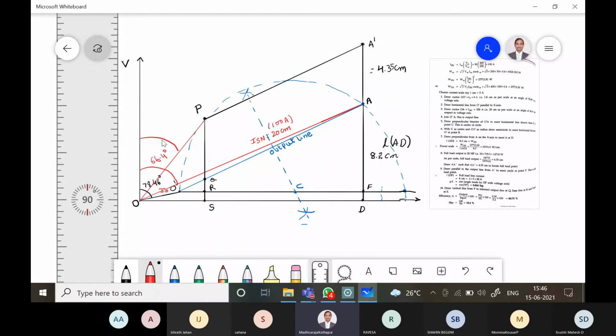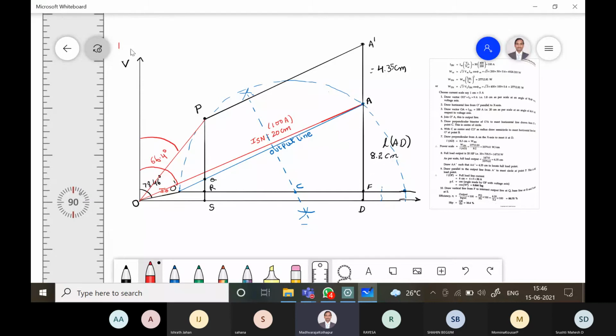And what is the angle made by this triangle? Not with reference to the x-axis; I want it with reference to the y-axis. It is exactly 30 degree.